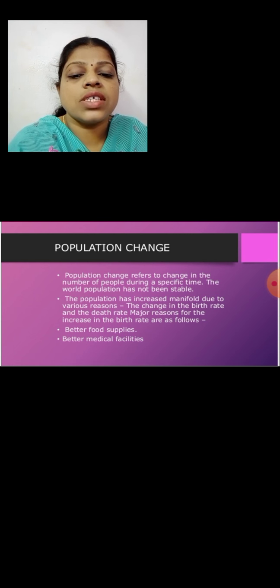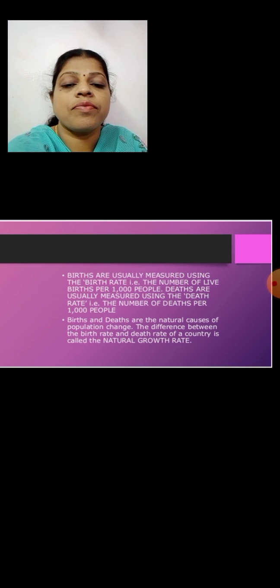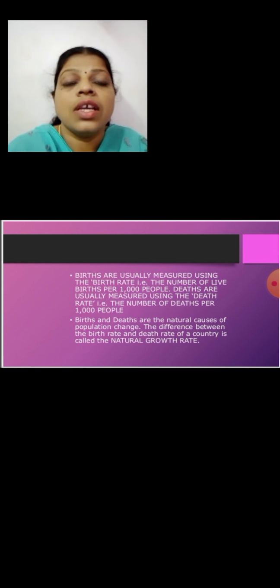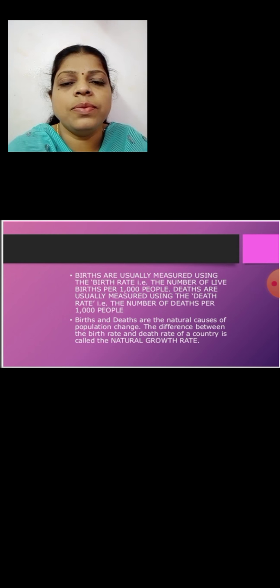The major reasons for the increase in the birth rate are as follows. Which are they? Better food supplies, better medical facilities, isn't it? So, if you're providing due care to the people, we can see that the distribution of the population will be fair.